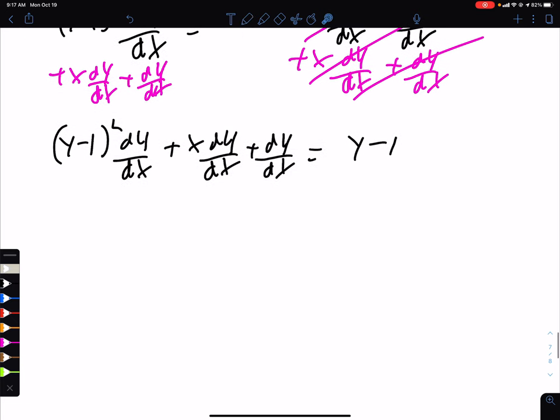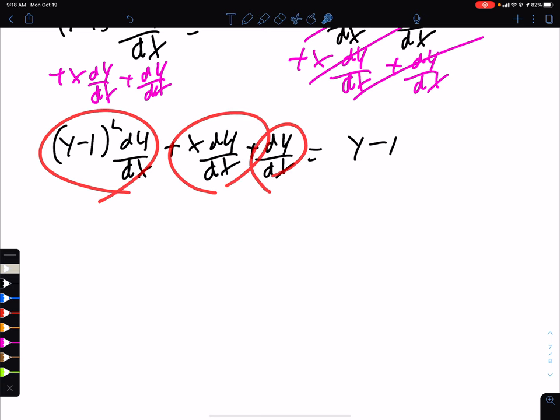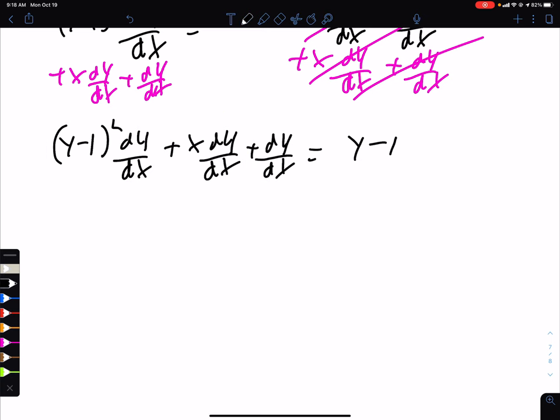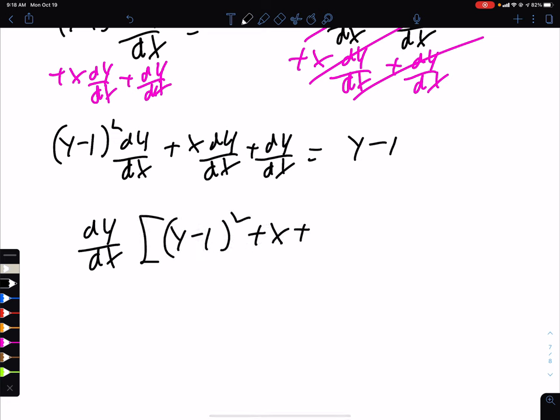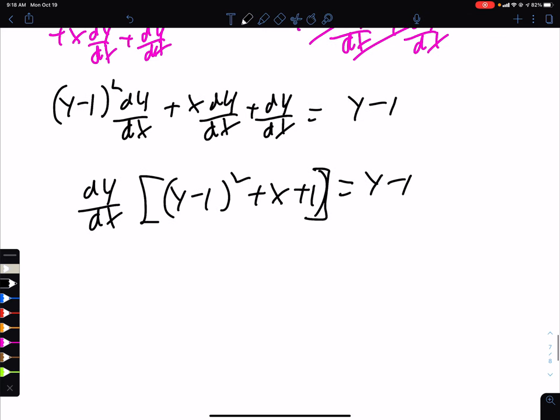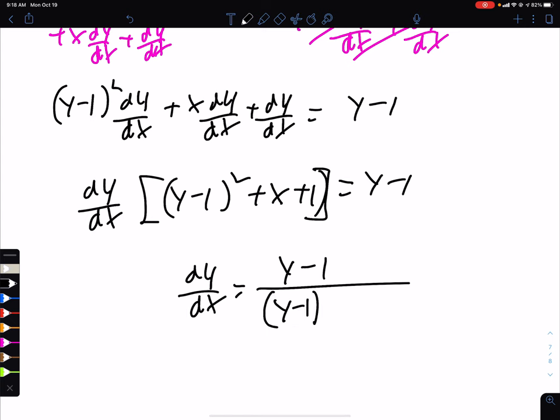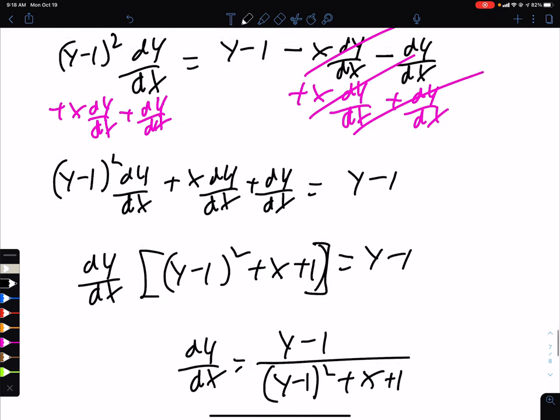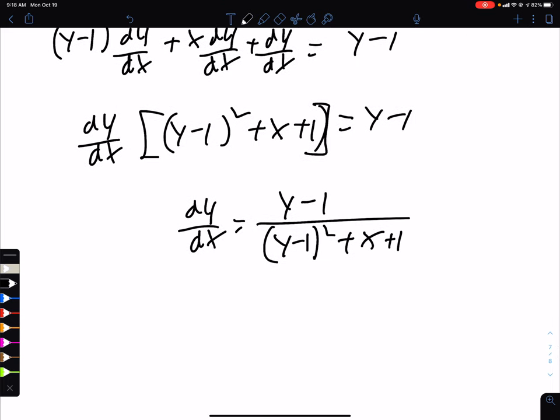I have 3 terms, and they all have a dy/dx, so I'm going to factor that common factor out, and I'm left with (y minus 1) squared plus x plus 1. And now I will divide both sides by this whole thing, and I get dy/dx equals y minus 1 over (y minus 1) squared plus x plus 1. That is my final answer for that problem. Okay?